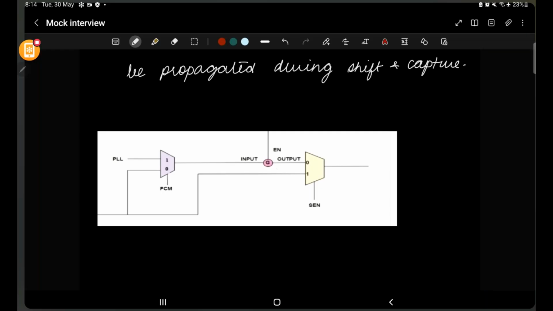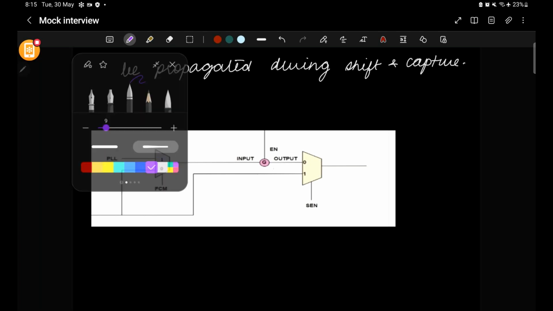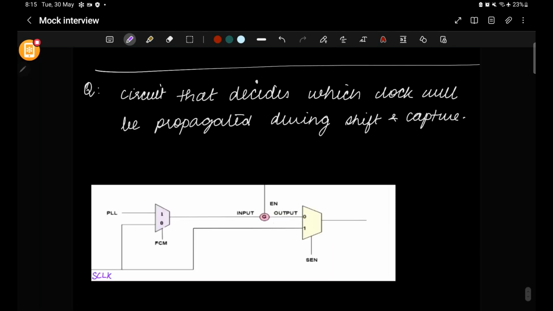If you remember, in OCC you will have a block like this. So that is the answer. In OCC you will have a big circuit, but there is one small block like this, right? This block only decides which clock will be propagated during shift and which clock will be propagated during capture. Okay, so here let me just consider this as mux1 and this as mux2.